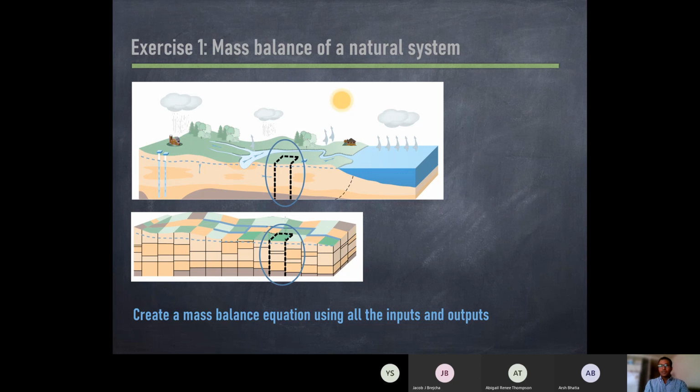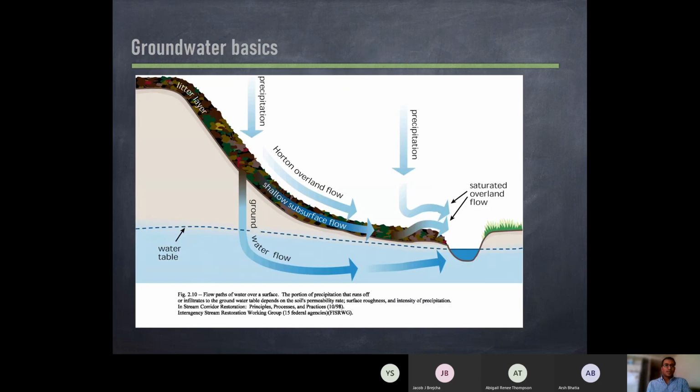So now I'm going to give you some groundwater basics, and then let's see how you do in the same exercise once again. So what happens if it precipitates? If there are compacted areas like concrete and the parking lot, some of the water cannot infiltrate, so it goes over the land.